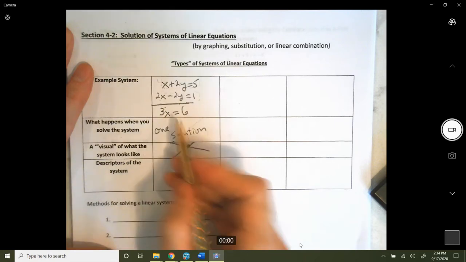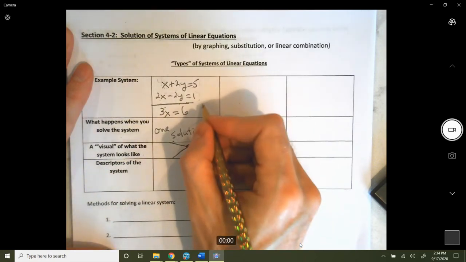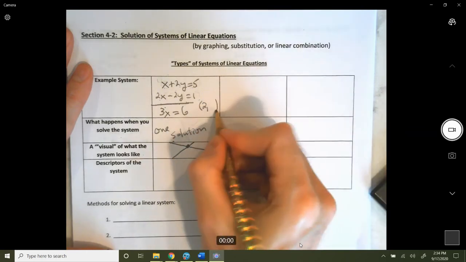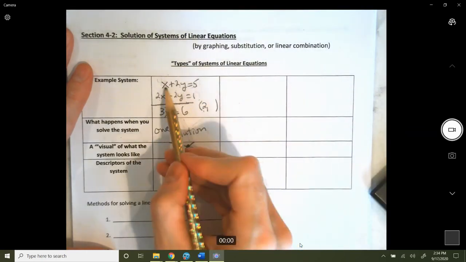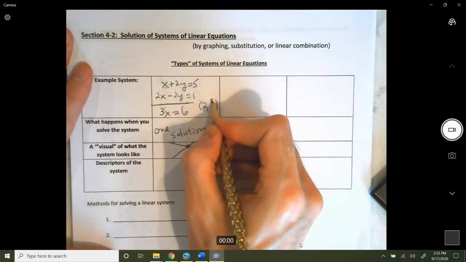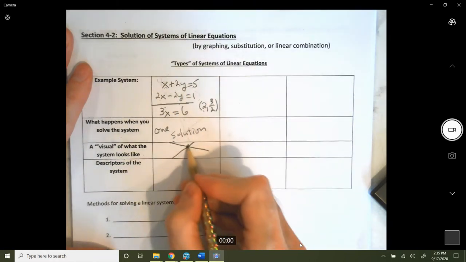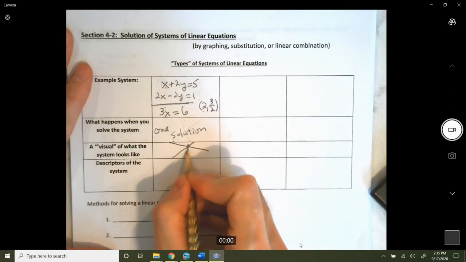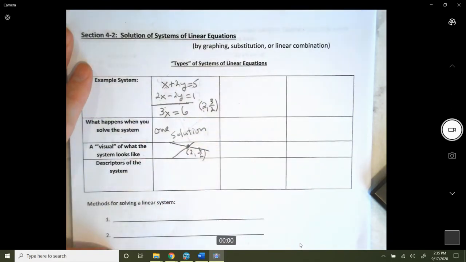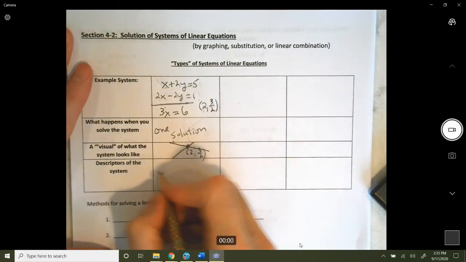Okay, so divide both sides by 3. Your x value is 2, and then you can plug that x value of 2 back in here, and you're going to get as your solution 3 halves, and that would be your one point of intersection. Your solution to the system would be 2 comma 3 halves. Okay, descriptors of this system, this is called an independent system.